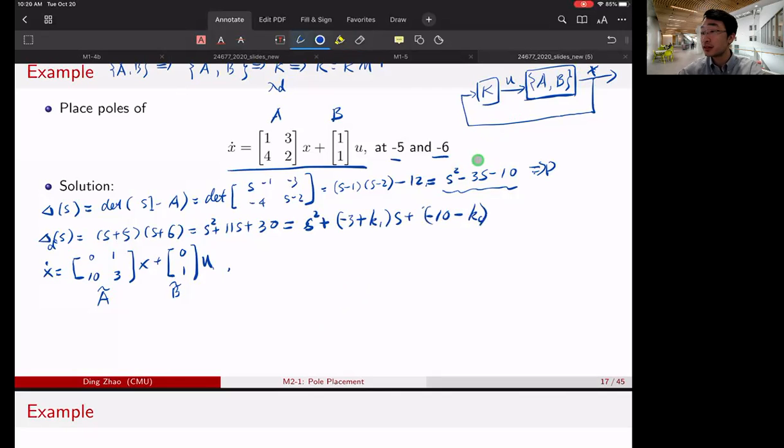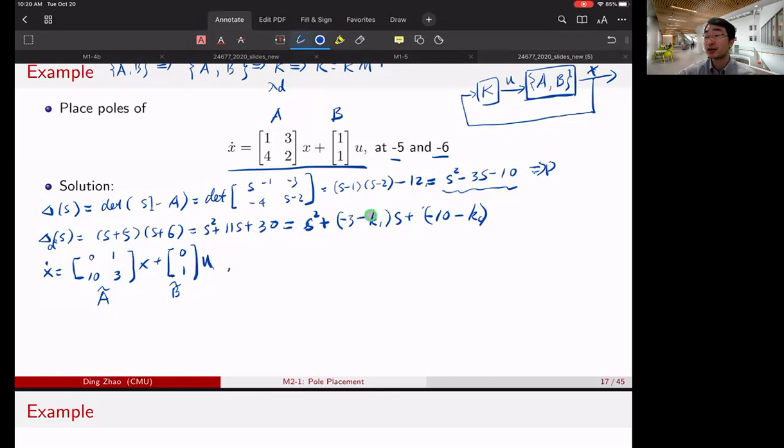So you can see here we augment this K1 to this minus 3, and this should be minus K0.